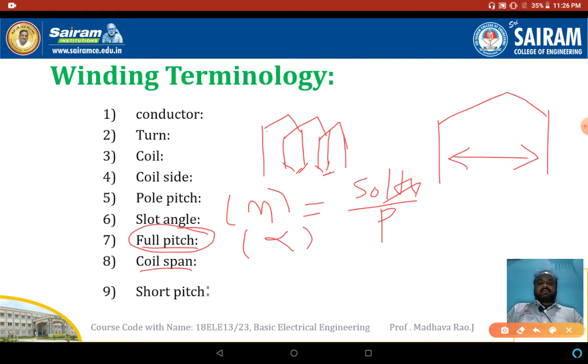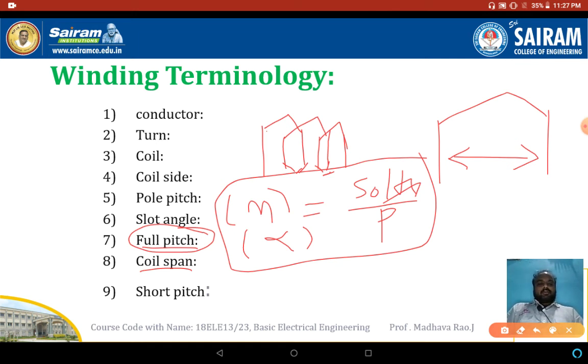We will use these definitions and formulas while doing problems, so remember the pole pitch formula, the slot angle, how to calculate the full pitch and how to calculate the short pitch.